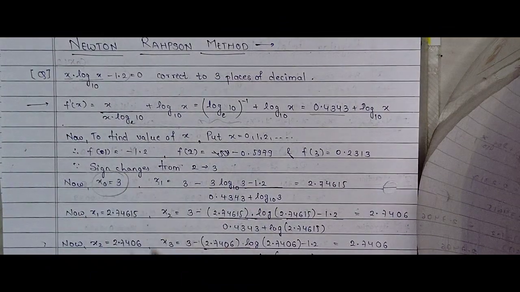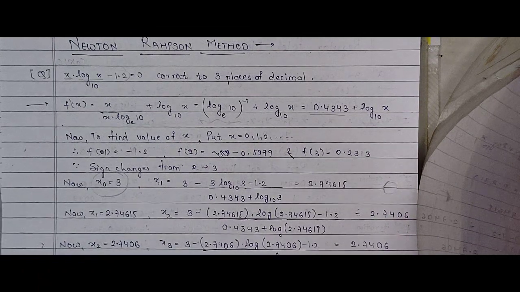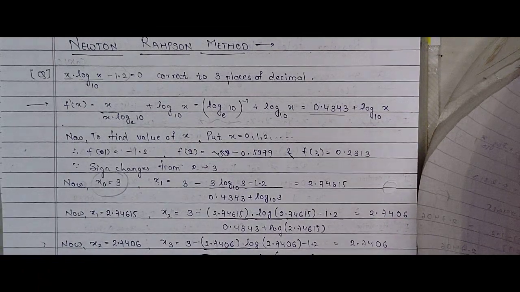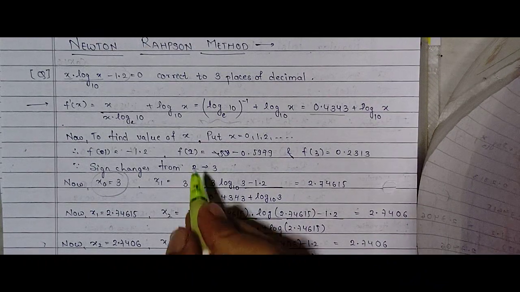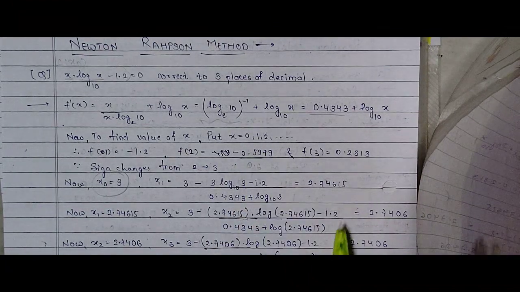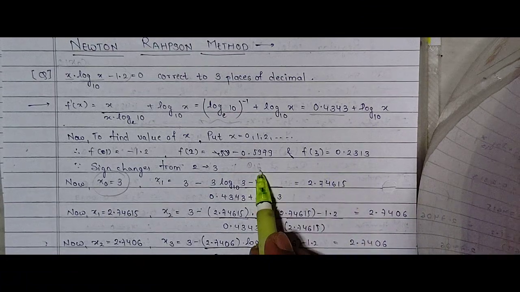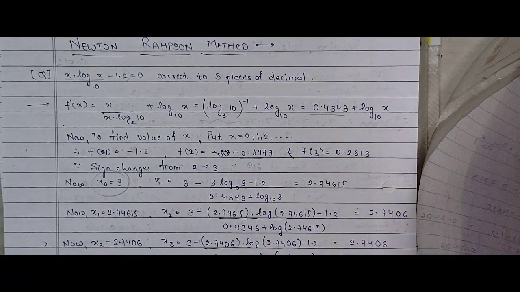As you can see here, I have taken x naught as 3. How have I taken x naught as 3? Because when you see its y value, that is f of 2, I am getting 0.59, that is 0.6, and f of 3 I am getting 0.2. So of both these values, whichever value is nearer to 0, that value you have to consider as x naught.